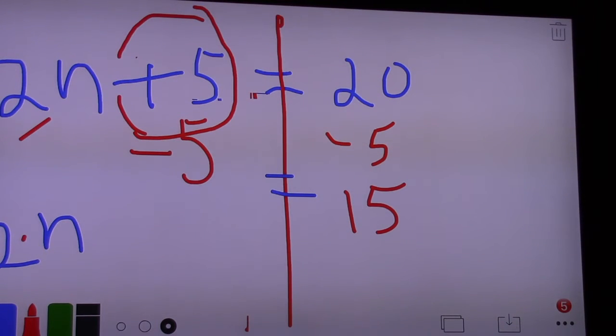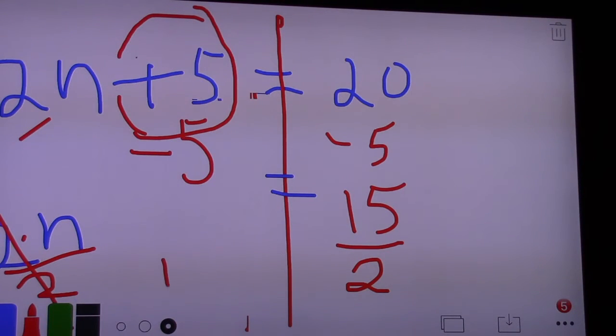When I divide away the 2, 2 divides into 2 one time, I'm left with 1n, which is the same as n, and 15 divided by 2. When I drop the n down, I've got n equals 7.5. 7 point, come on, give me a point.